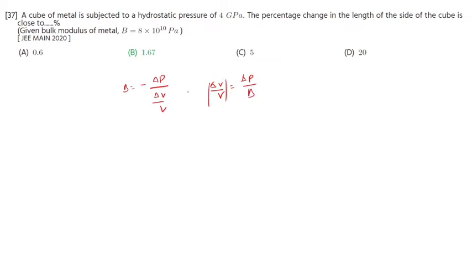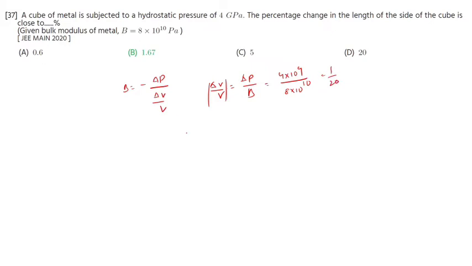Now pressure given 4 giga, so that is 4 into 10 power 9, and the bulk modulus given is 8 into 10 power 10, so we will get it as 1 by 20. So that is the delta V by V value we got.